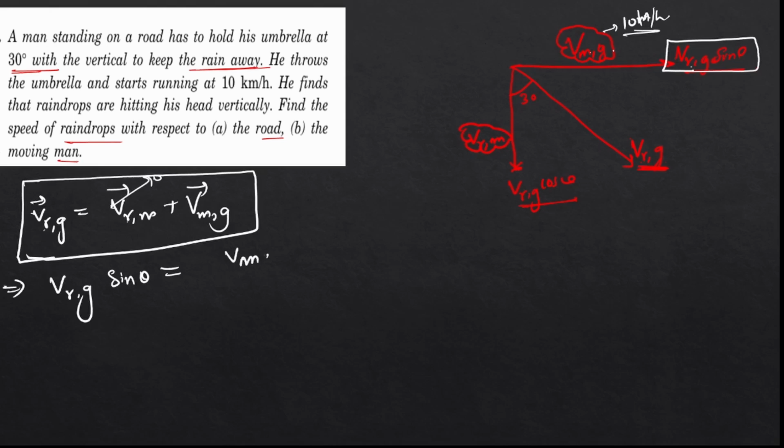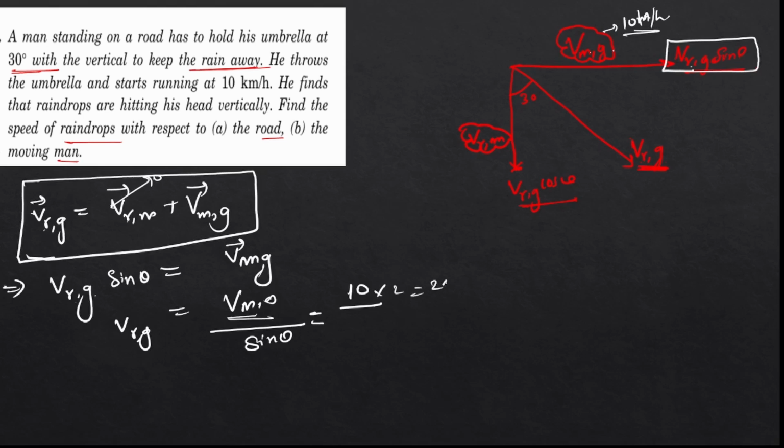We will have velocity of man with respect to ground, right? What is being asked is the velocity of rain with respect to ground. It would be velocity of man with respect to ground divided by this sine component. The angle given is 30 degrees, and this value is 10 kilometer per hour. So sine 30 is 1 upon 2, this will be 20, right? Velocity of rain with respect to ground would be 20 kilometer per hour, right?